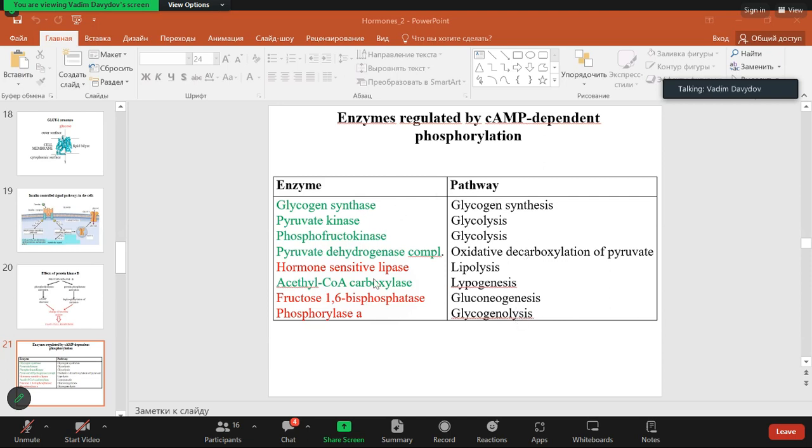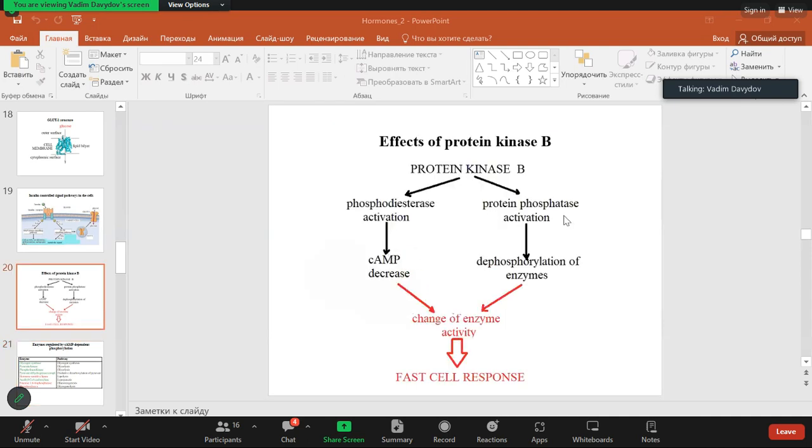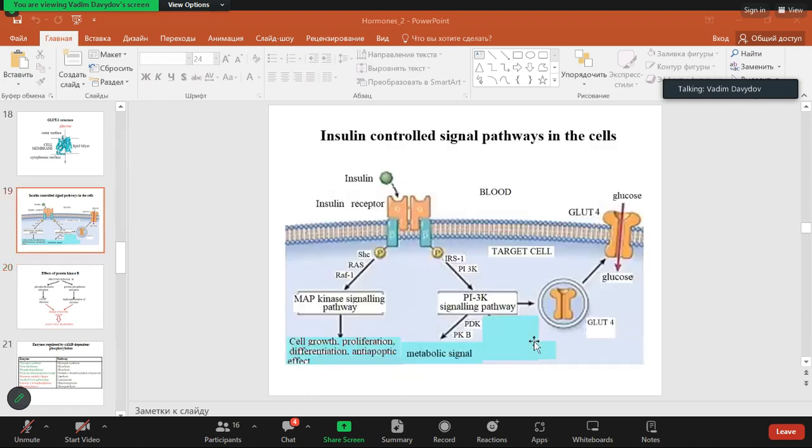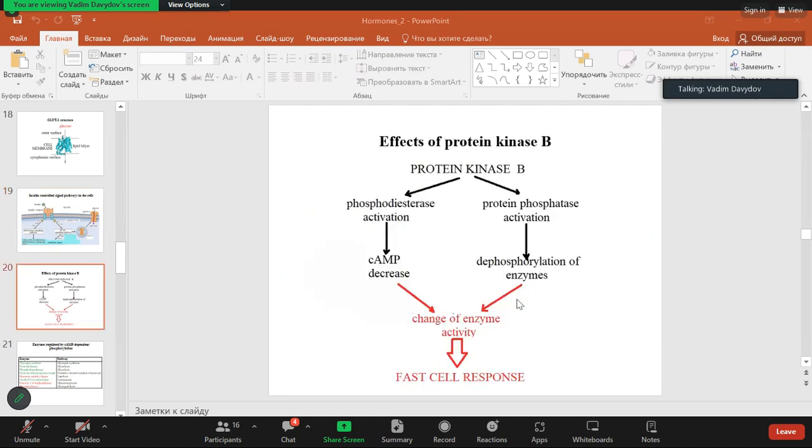So all those effects of insulin appear some minutes after secretion of insulin, and all those fast effects are coupled with the effect of insulin on metabolic processes via activation of the phosphatidylinositol triphosphate kinase signal transduction pathway.